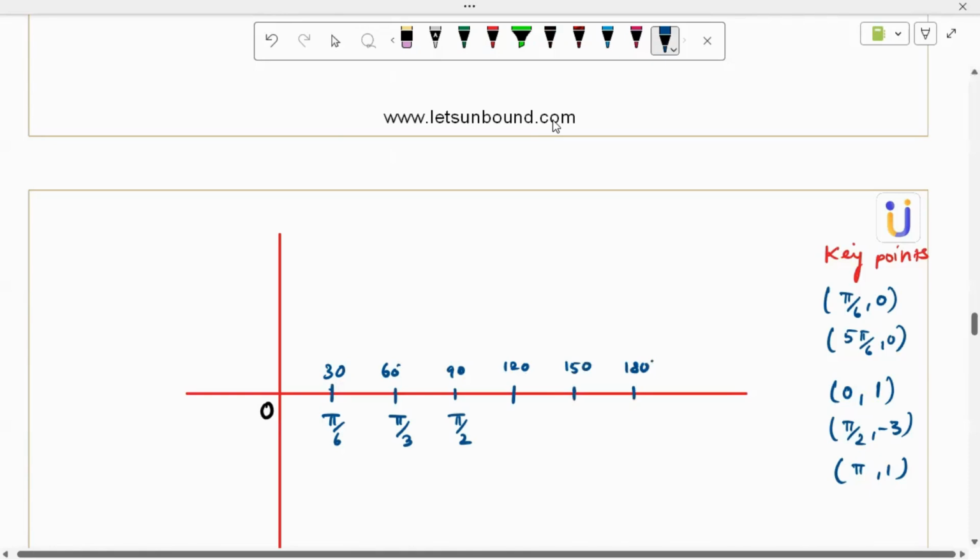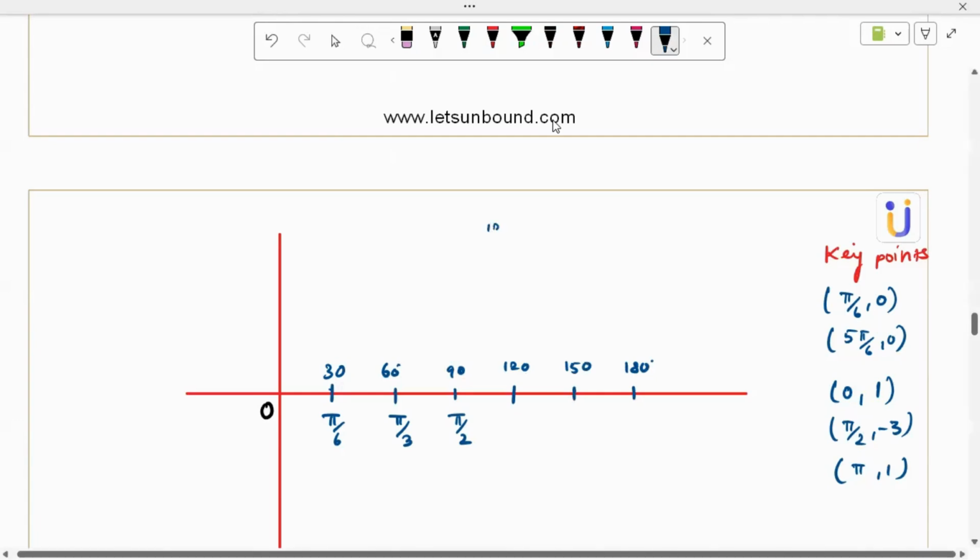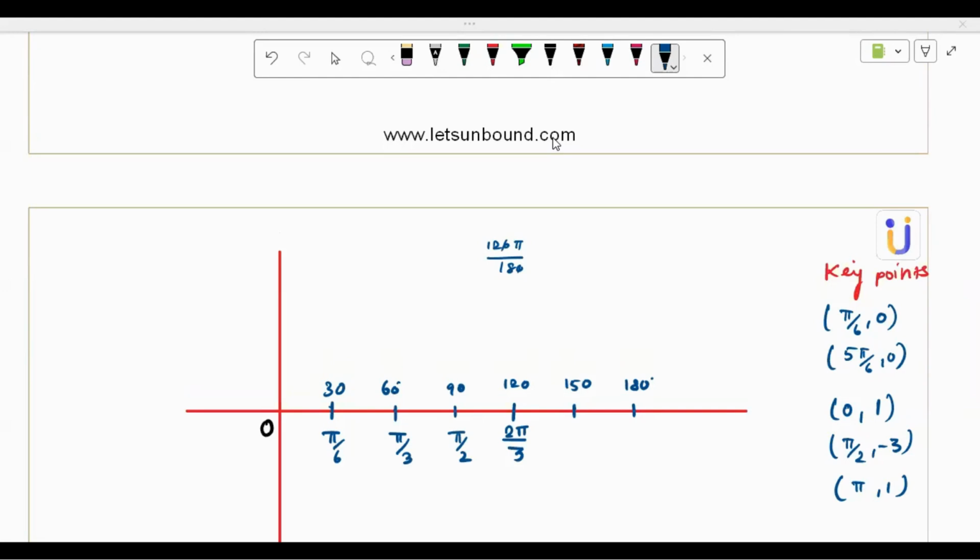So 120 means you multiply by pi divided by 180. So it's 120 pi by 180, 0, 0 cancelled. 2 pi by 3. Right? And then 150 can be written as 5 pi by 6.